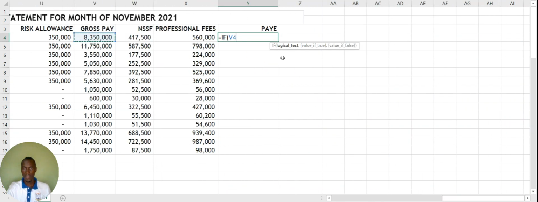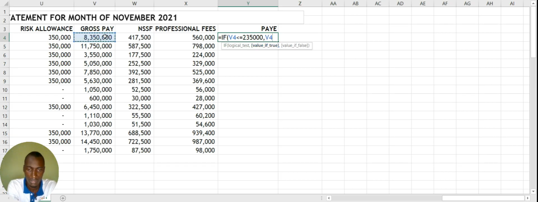So if our gross pay is less than or equal to 235,000, then we are going to get the gross pay times 0%.